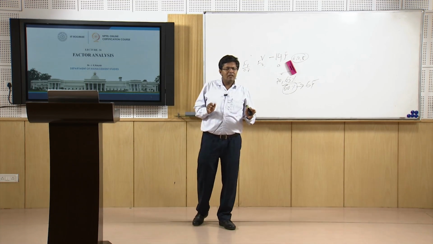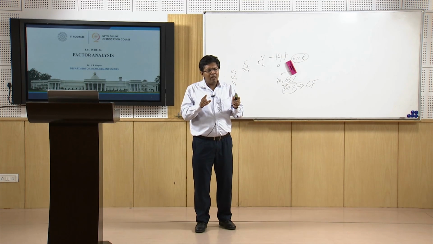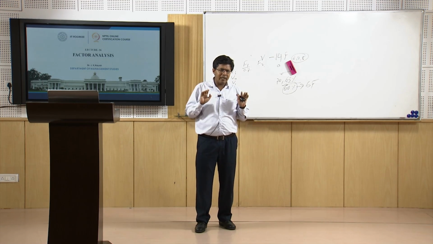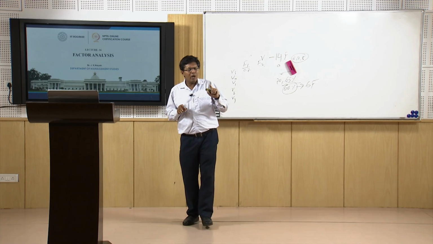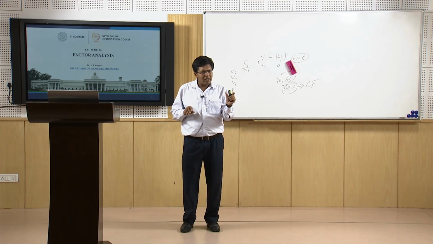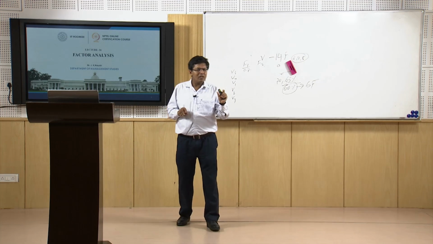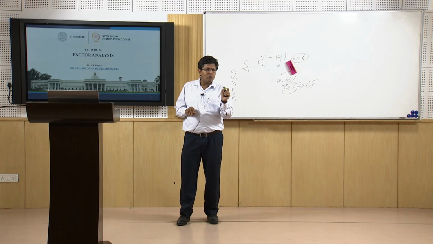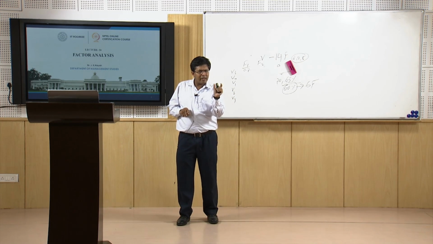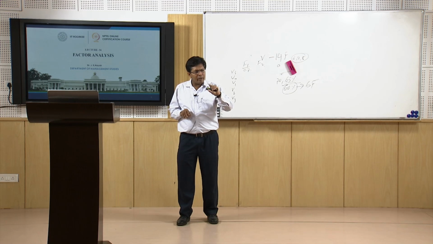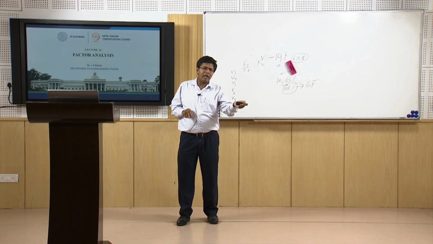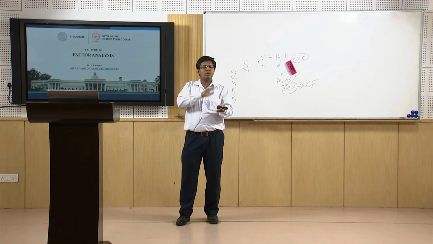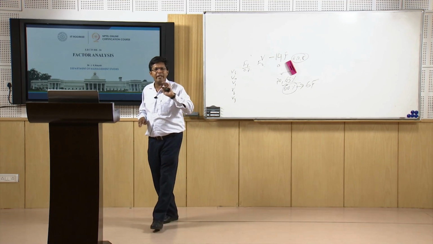It means that the variable is in the same factor, there is no doubt about it because of its high absolute value, but you have to reverse score it. What does reverse score mean? Suppose on a scale of 1 to 7, a 7 should become 1, right. So it has to be reverse scored so that this negative value will be taken care of, right.